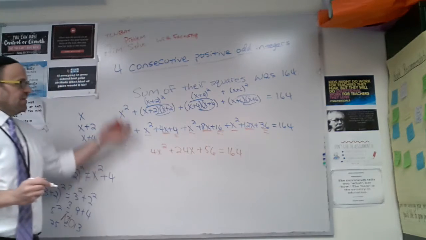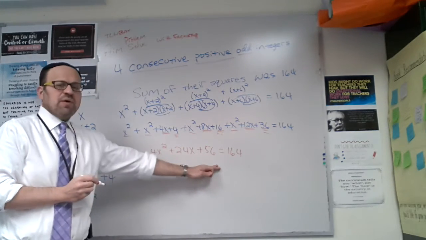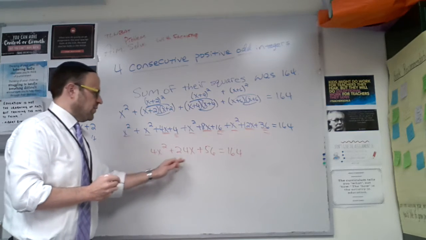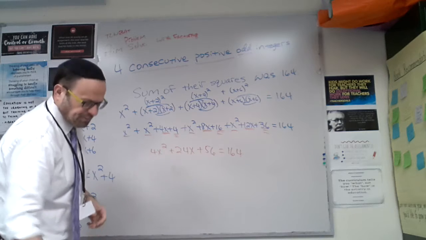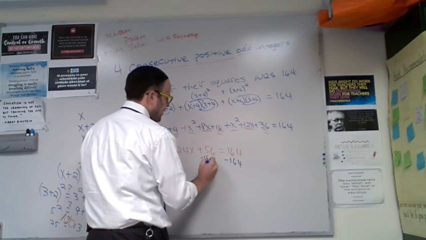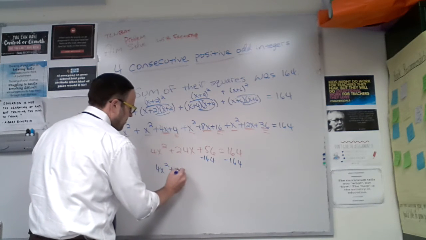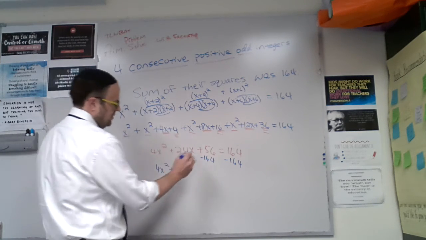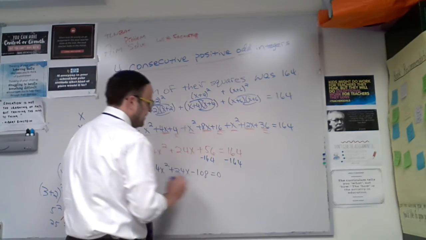Okay, again, we're at a familiar point. We're at this point where we know what to do. We know to subtract 164 so I can get one side equal to 0. 4x squared plus 24x minus 108 equals 0.